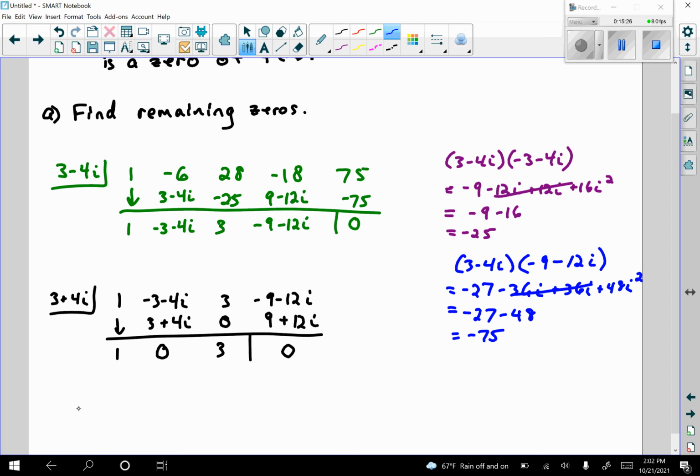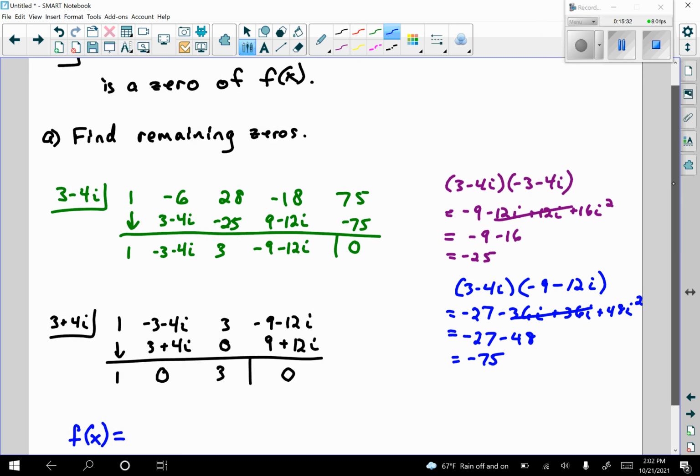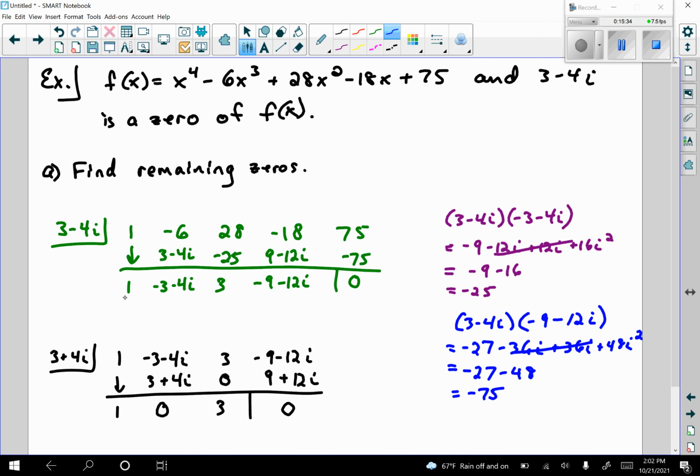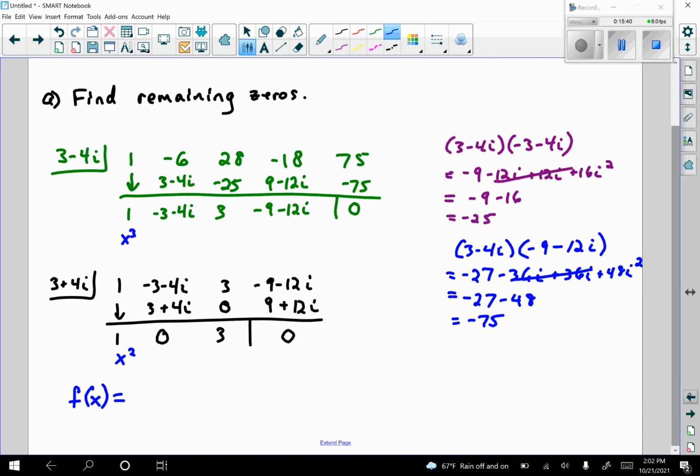we'll go ahead and write out that f of x is equal. So this right here will give me, because when I started off with x to the 4th, this one would be an x cubed right here. So now this would be an x squared. So I could write this as a factor of x squared plus 3. And then my 0 up here, I'm going to have x minus the quantity 3 minus 4i.